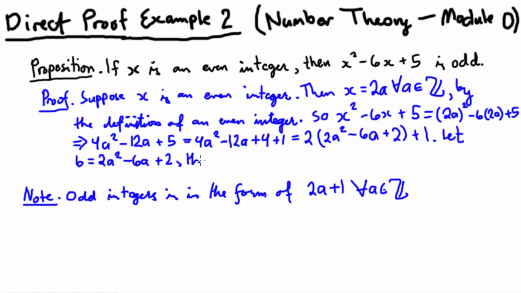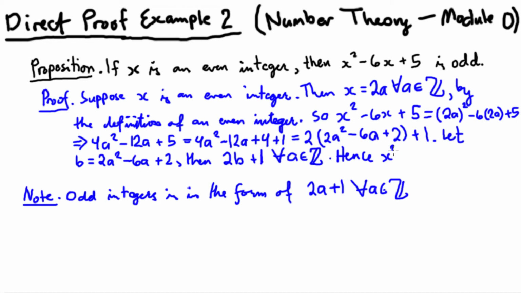Then we have 2 times b plus 1, where b is this for all a in the integers. So therefore, x squared minus 6x plus 5 is in the form of 2b plus 1.